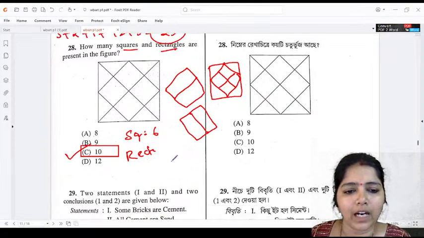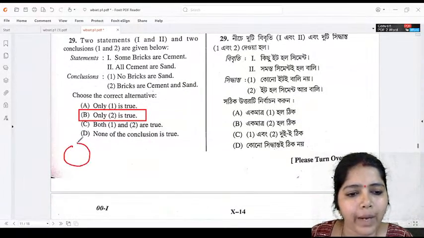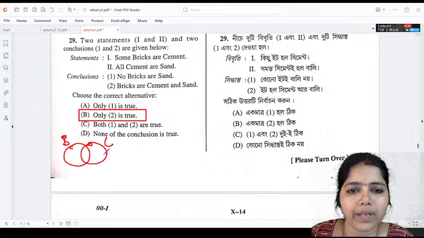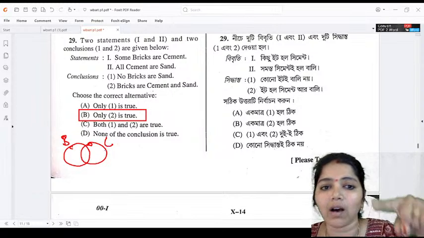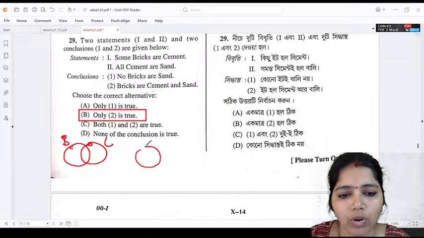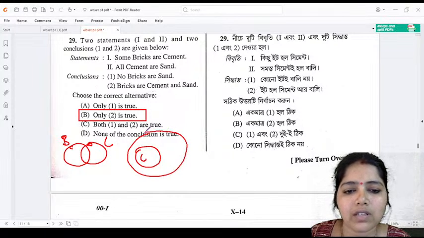Okay. Next one, some bricks or cement. All cement or sand they have given. So all the cement will come under the sand one.